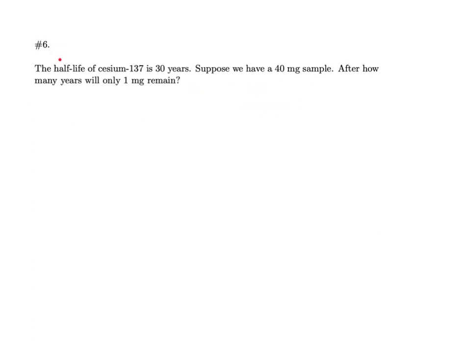In question 6, we're told the half-life of cesium-137 is 30 years. Suppose we have a 40 milligram sample. After how many years will only 1 milligram remain? Since we are talking about half-life, we can use the formula P is equal to P naught e to the kt to represent the amount of cesium-137 at any moment in time.